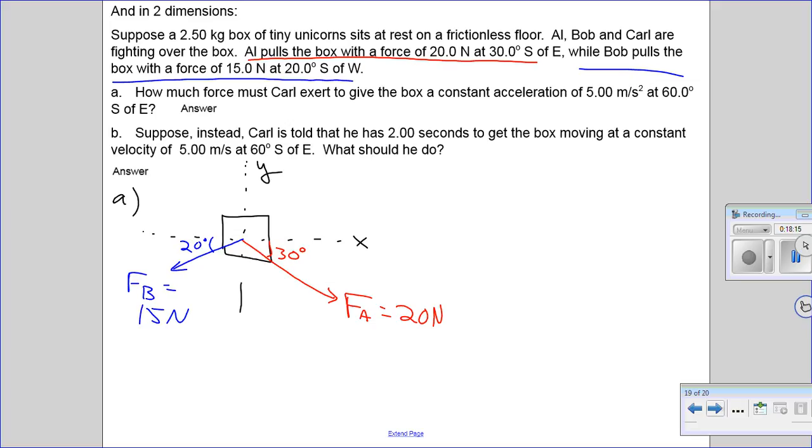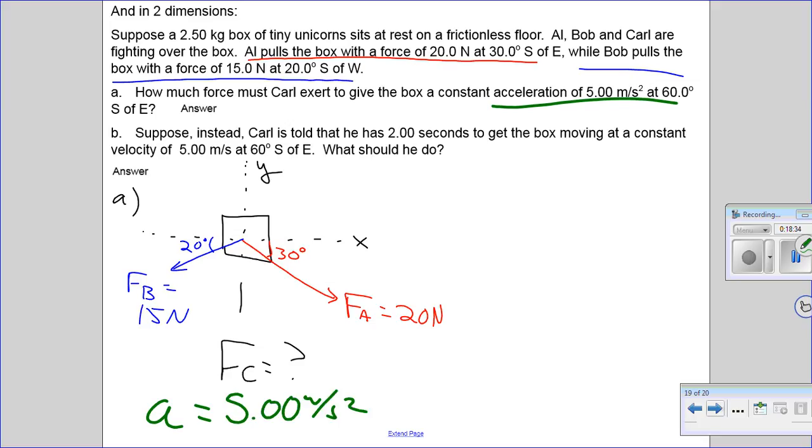Then we're looking for the force of Carl. What does the force of Carl have to be in order to get the acceleration we want? Our acceleration is 5 meters per second squared at 60 degrees south of east.